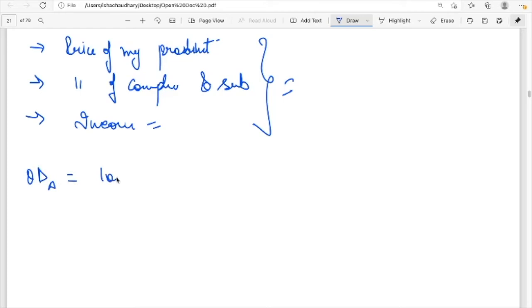This was my original demand function: quantity demanded for product A depends upon the price of product A. Now let's incorporate some other things.